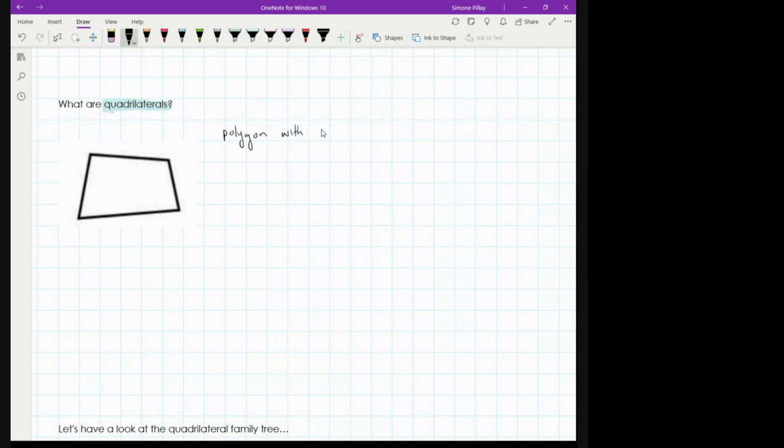What equals 360 degrees? The quadrilaterals. You're not being specific enough. Is it the length of the sides that equal 360? The sum of angles. 100%. Thank you. The sum of angles equals 360 degrees in any quadrilateral.